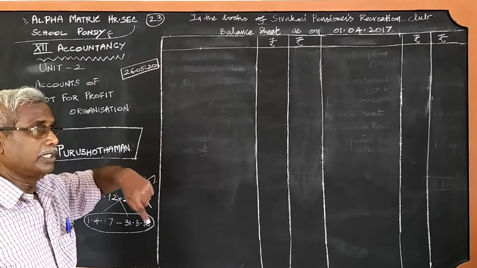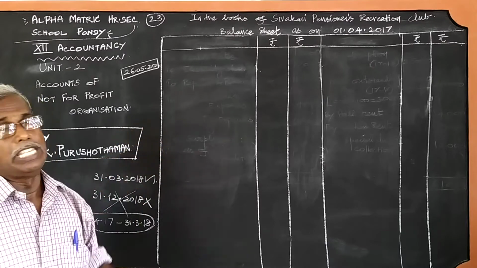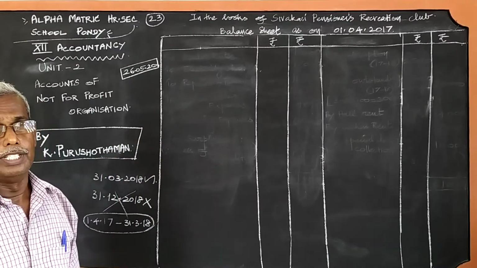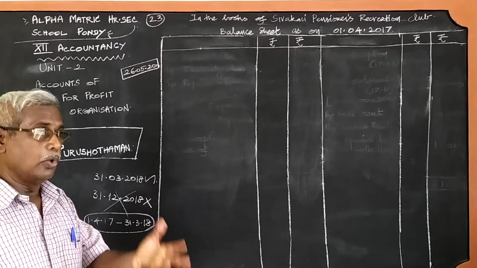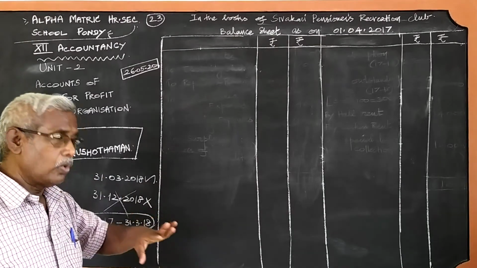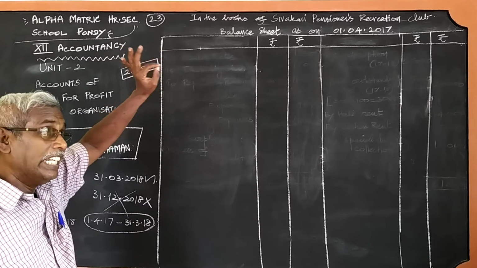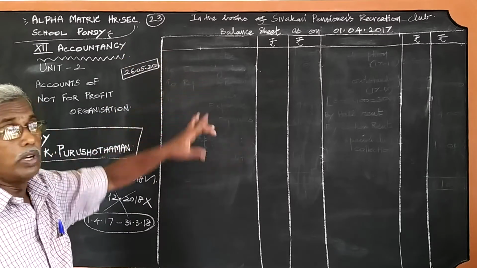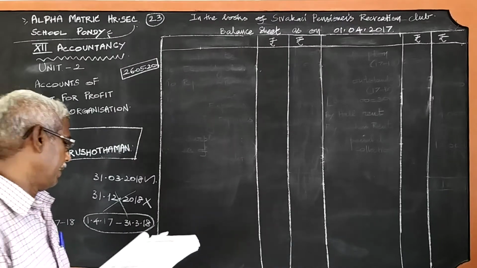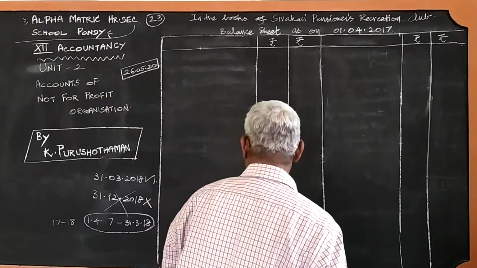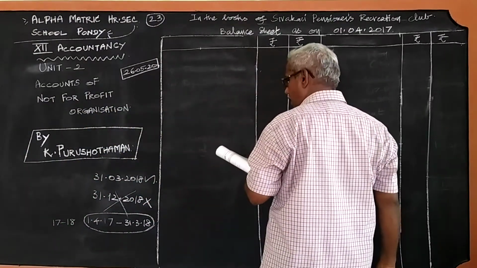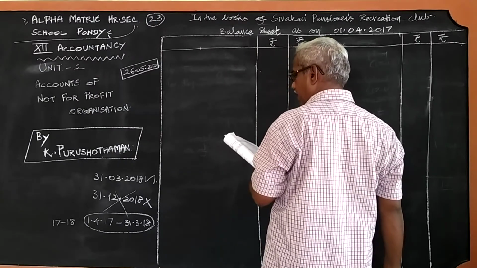Then we shall pass on to the balance sheet at the end of the year. See, very important it is. Since it is an additional work for us, we should prepare the balance sheet in the beginning of the year, that is as on 1/4/2017. What are the items available? We shall see it now.